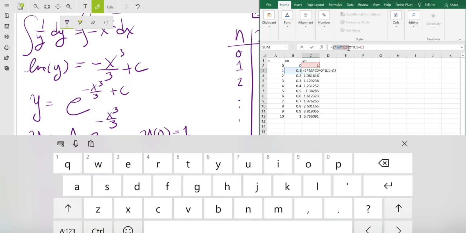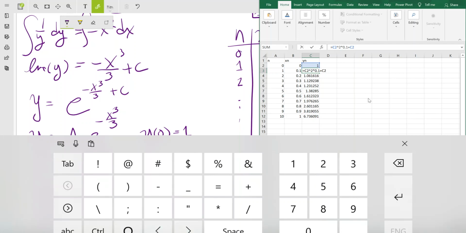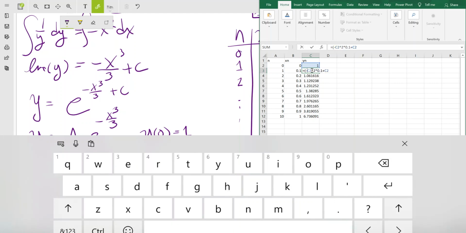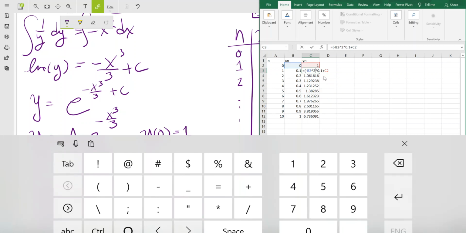Okay, so what do I need here? I need to change this. So my slope here, let's use some parentheses because I like them better. I've got negative x squared, so I need a negative here. Is that x? C2? Nope, x is B, so this guy times my y, and then let's close my parenthesis, because that's my dy/dx, times my h plus my y.